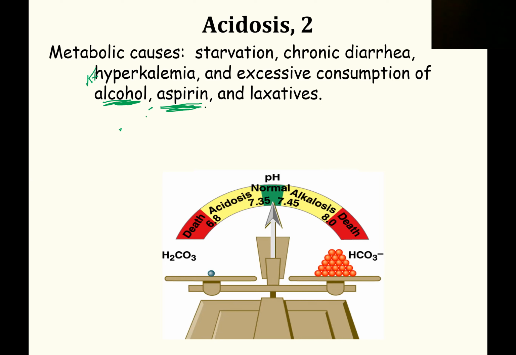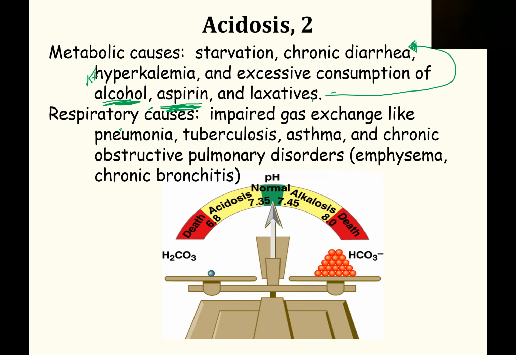The next company came along, and that's where Bufferin came in. Bufferin added a buffer to the aspirin. Too many laxatives goes back to chronic diarrhea. Excessive flushing of materials out of your digestive tract can increase the acids in the body.